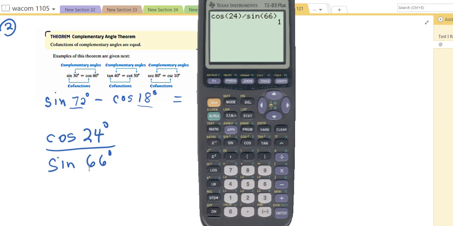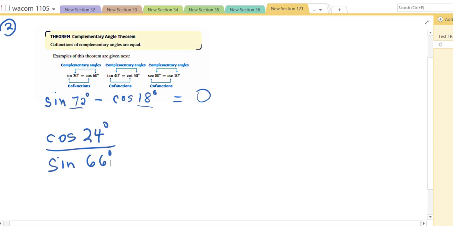Because they're going to be equal. Those come from this theorem, and it's because I have used things that add up to 90. If they didn't add to 90, I couldn't use this theorem.